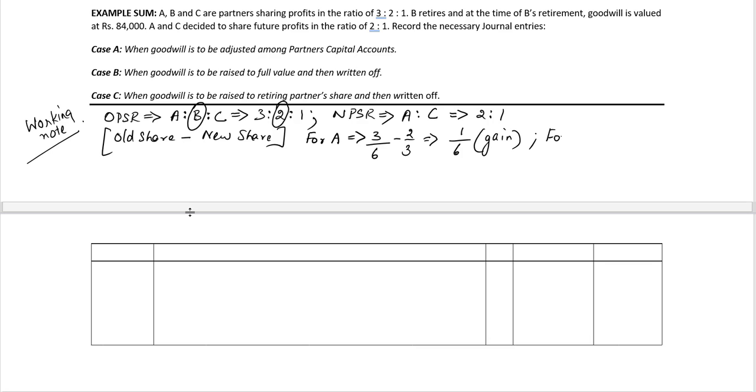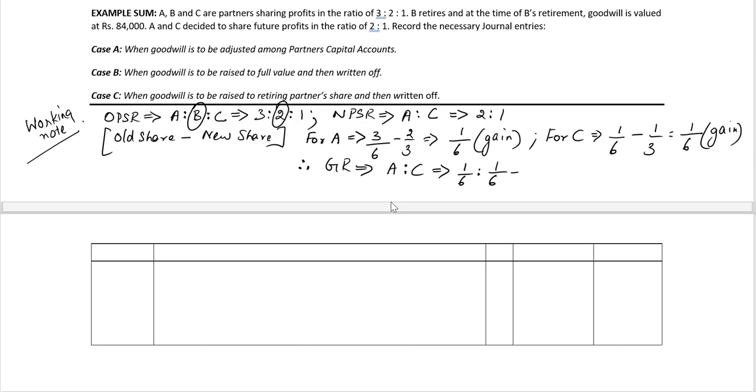And for the other continuing partner C, old share 1 divided by 6 minus the new share 1 divided by 3, again a -1 divided by 6, and C also gains. Hence, the gaining ratio between partner A and partner C is equal to 1/6:1/6, which is 1:1.